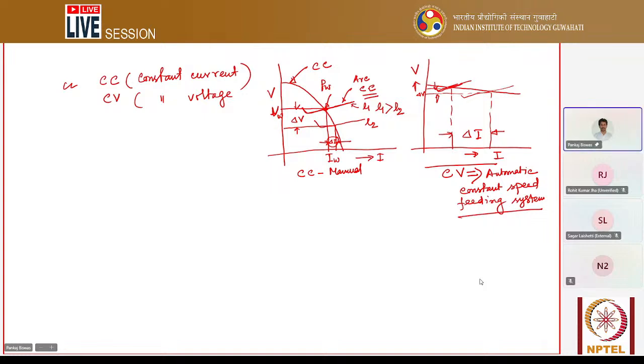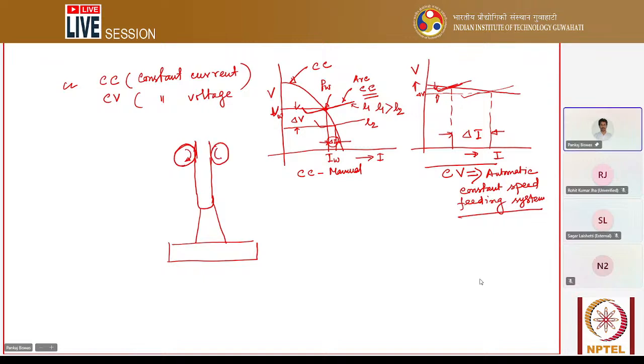This is one way. Another way is also there. This is your electrode, this is your arc, and this is your workpiece. Here you are using a feeder mechanism.